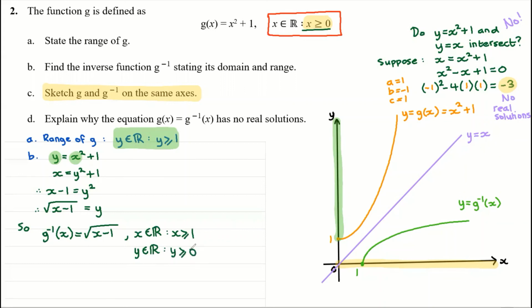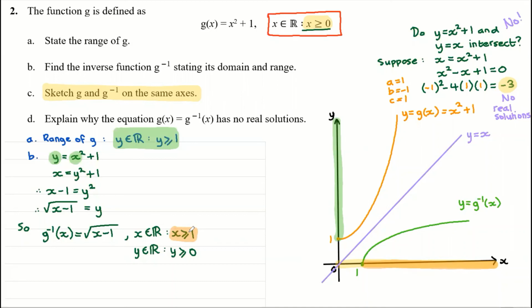Now, for the domain, you can also see this is true on the graph. Because the positive square root graph has been translated to the right by 1, the x values begin from x equals 1 as we expect. So that seems to all tie in. All right, so that looks pretty good.